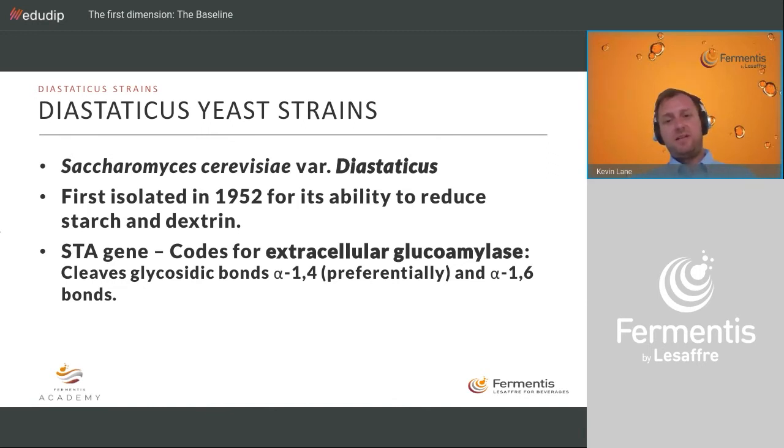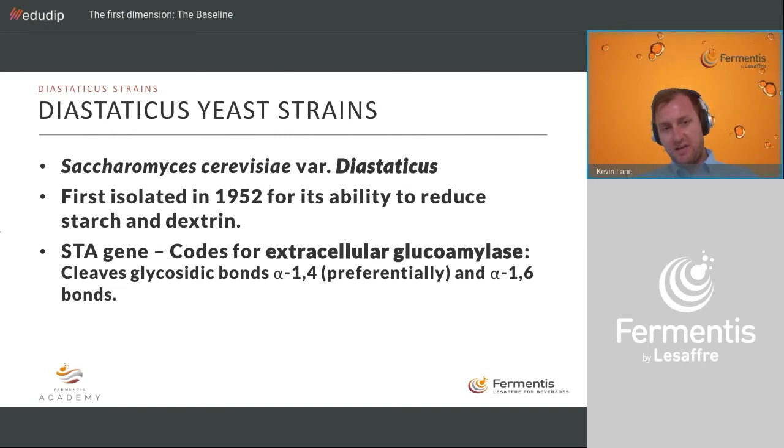Really, what the variety Diastaticus means is that it has the capability of producing extracellular glucoamylase or amyloglucosidase, which cleaves the alpha-1,4 and alpha-1,6 bonds in the amylose or amylopectin, or the dextrins, breaking those down to simple sugars, which are then fermentable by either the Diastaticus strain or by any other strain that's around, because all of the yeast will ferment glucose and smaller carbohydrates.